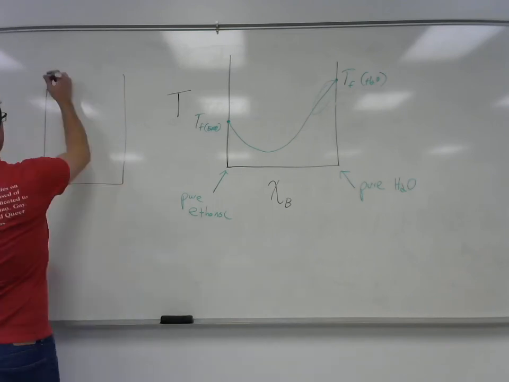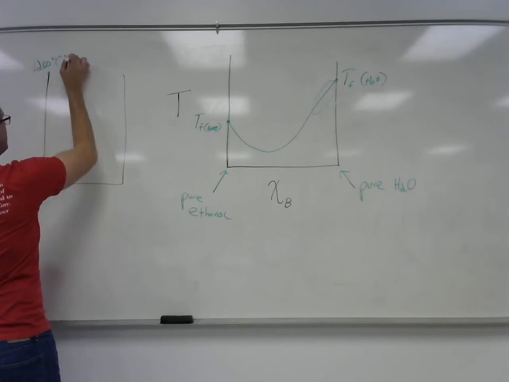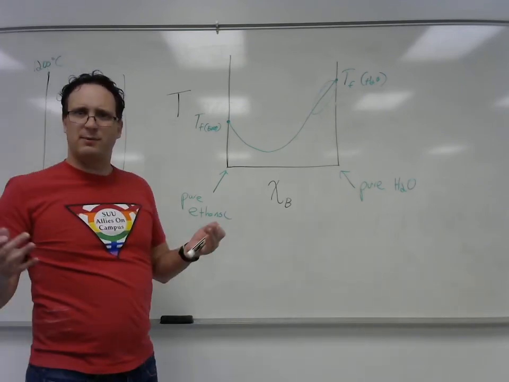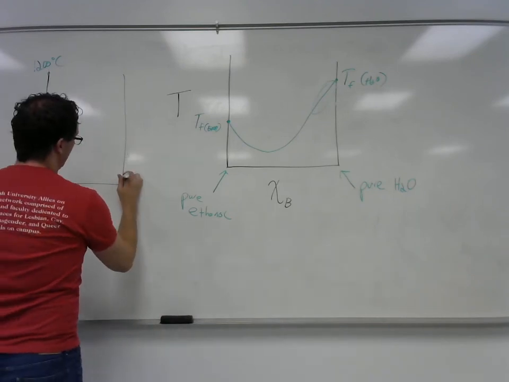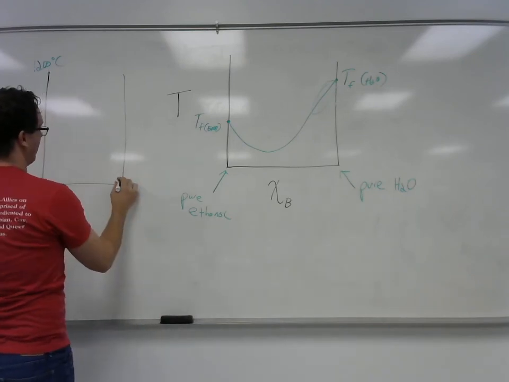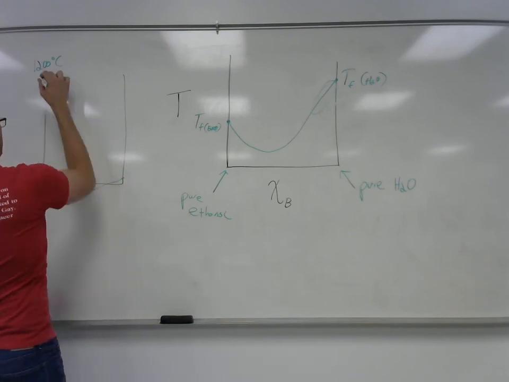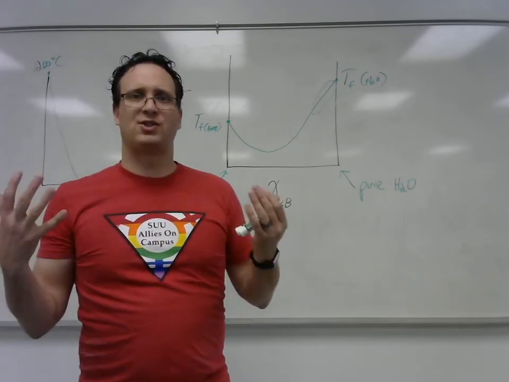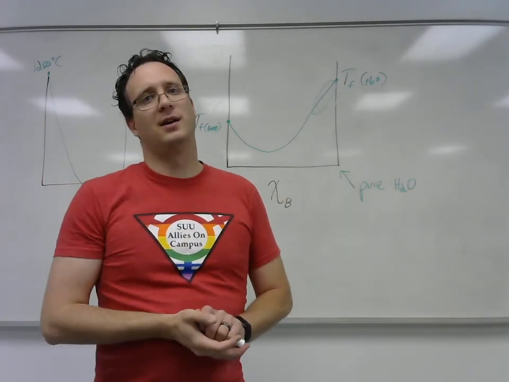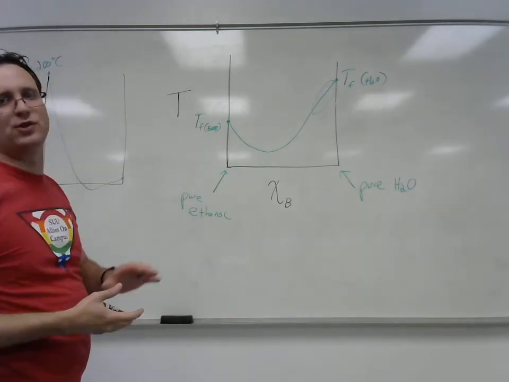Well, it's like 1,200 degrees Celsius, I think. Table salt doesn't melt easily, and that would put water way down here. And anyway, what that means is that the freezing point depression curve for most solid solutes in liquid solvents is going to be really asymmetrical.